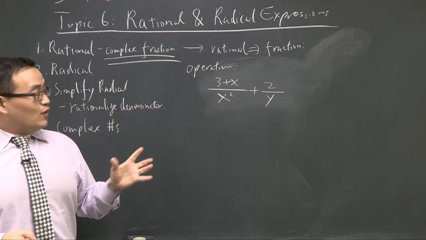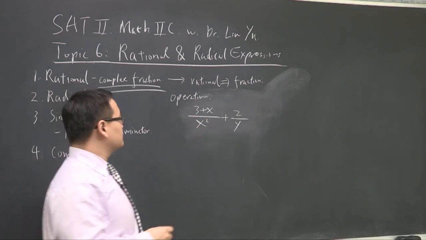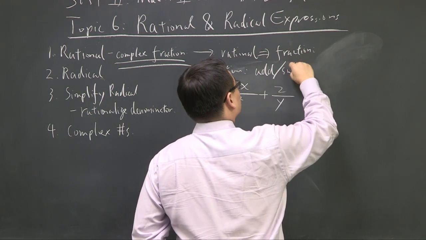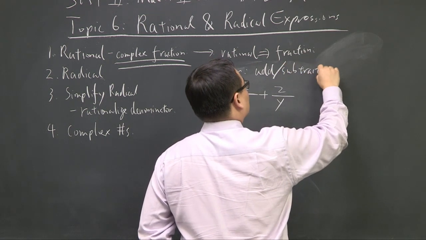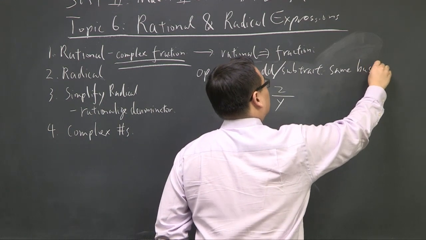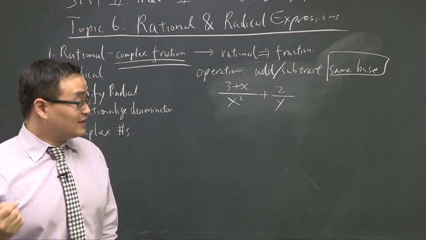How do I do that? To do addition and subtraction, the only rule we have to go by is that they have to have the same base. If you want to add or subtract, you have to make sure they have the same base.